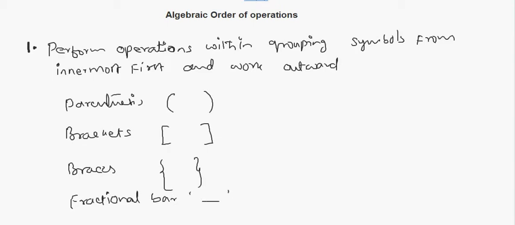So whenever we see these symbols, we need to perform the operations first, and we have to work outward. That is the first thing that we need to observe in an expression.